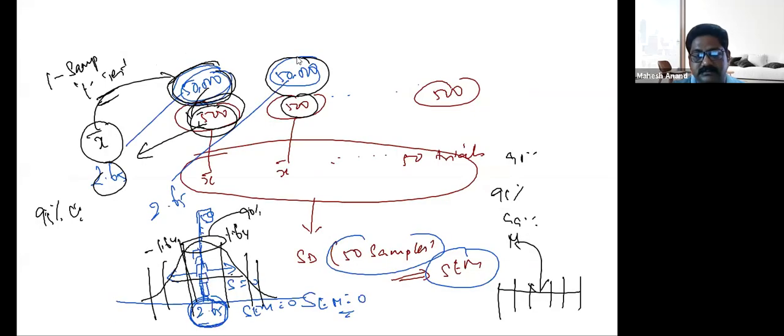Some of you might ask me, and this is a very commonly asked question whenever I teach this: how do we do the range estimate for a qualitative variable? This is fine, it's a quantitative variable, in fact a weight in kg.